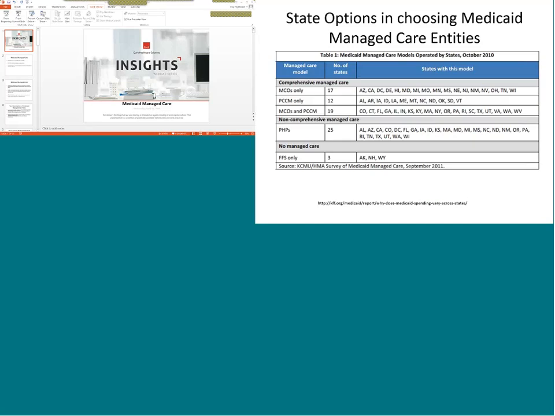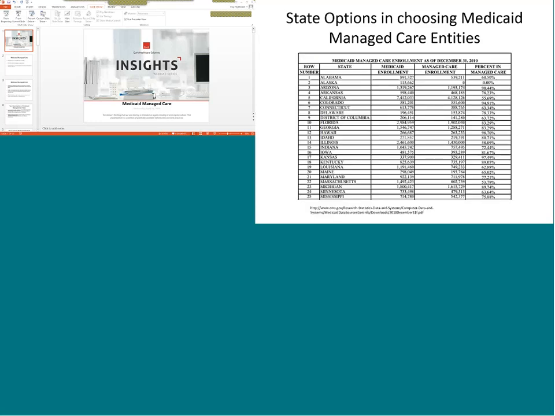And here's just another graphic to help illustrate that, provided by the Kaiser Foundation. This information comes from CMS, and it shows how the distribution of managed care enrollment compares in proportion to the Medicaid enrollment overall per state.